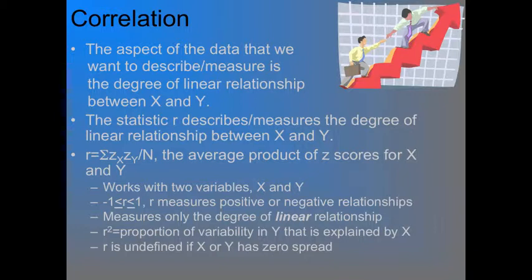R ranges from -1 to +1, and 0.6 is pretty close to +1, a pretty strong relationship. You take 0.6, square it, and get 0.36. That tells you that ACT scores are accounting for 36% of the variance in GPA.